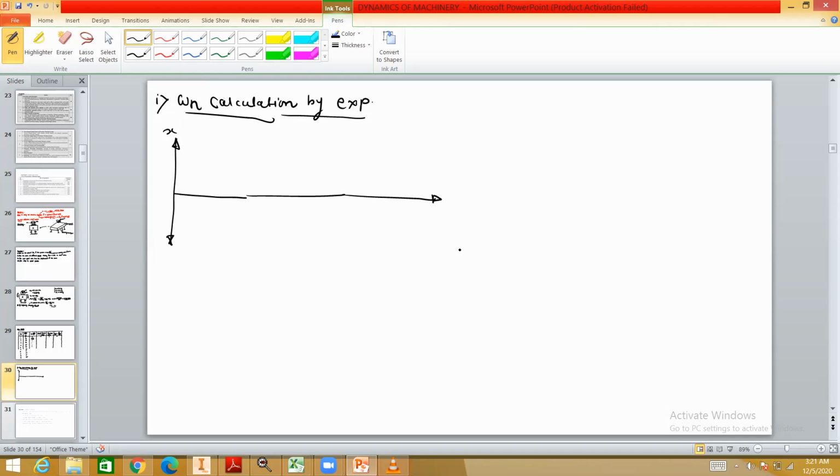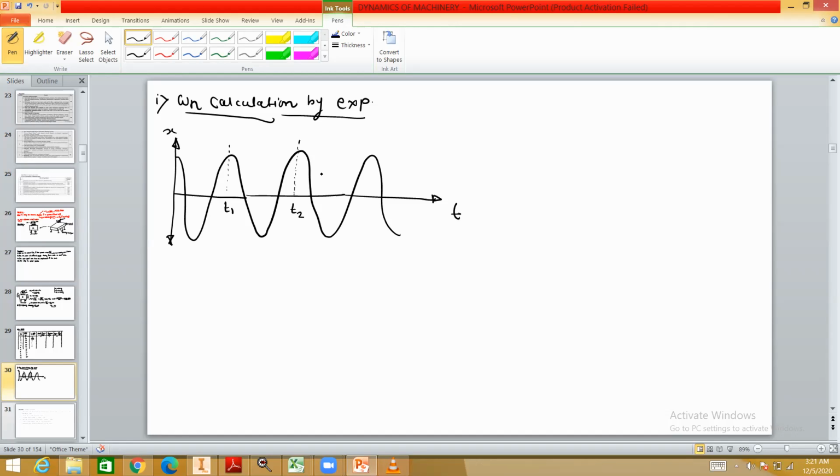This is x versus time. This is the simple harmonic waveform. You can take this value as t1. The second value is t2.